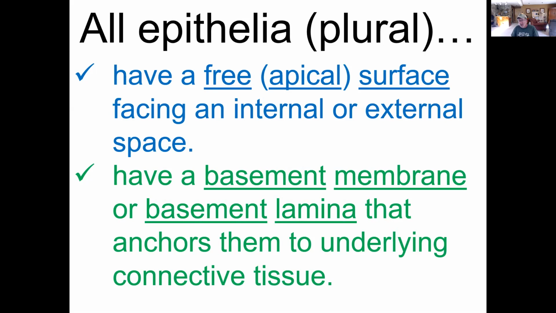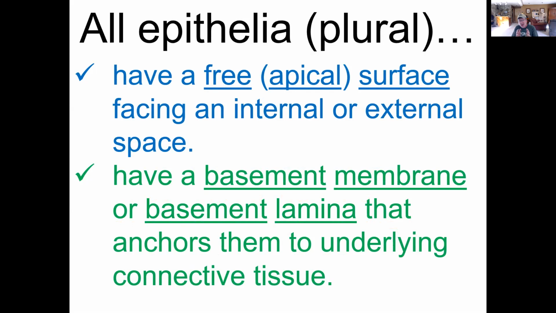Or we could talk about the internal spaces that some of these cells will face. For example, if you look at the digestive tract, all the way from really the mouth down through the anus, we have cells that line that tube, that interior yet somewhat exterior tube open to the outside.